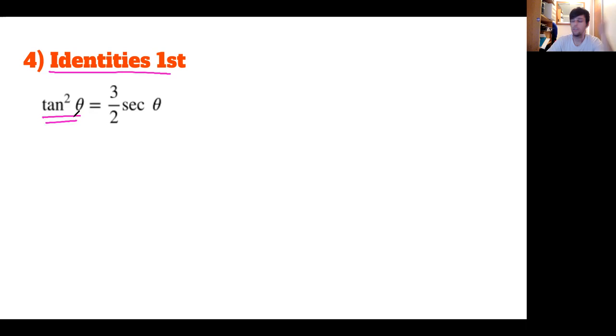So fortunately for us, we do have a nice identity that replaces tangent squared and turns into secant. So we have tangent squared is equal to secant squared minus 1. So that's the relationship that we have, one of our Pythagorean identities.